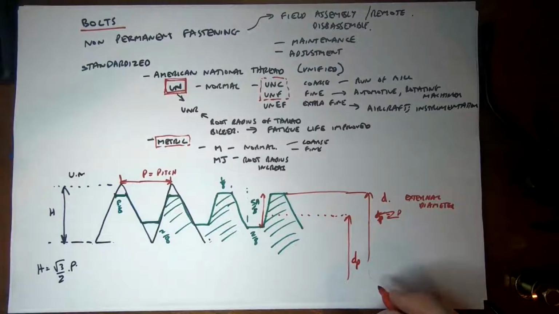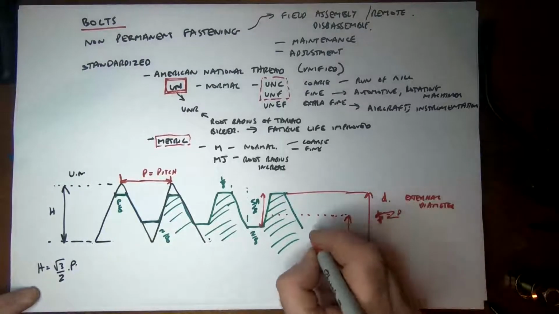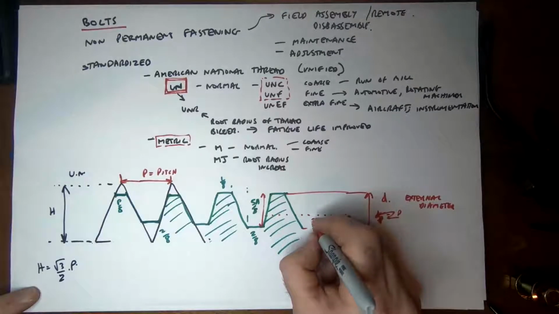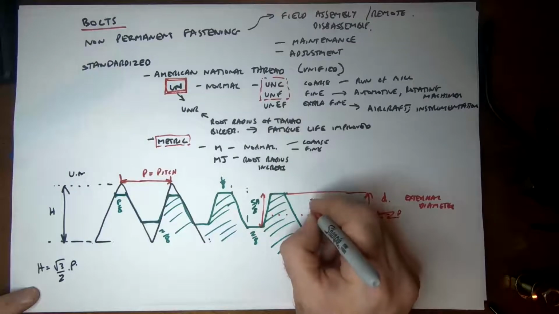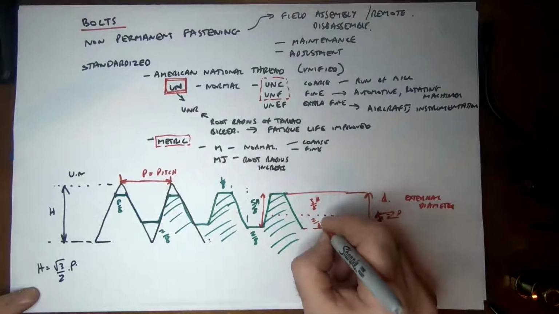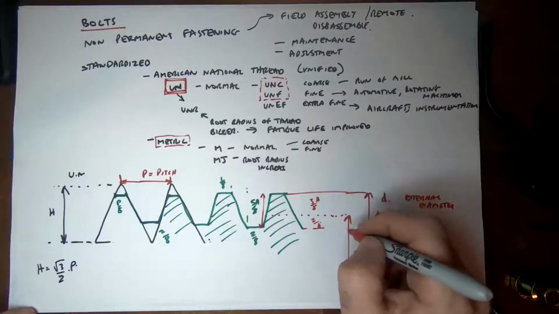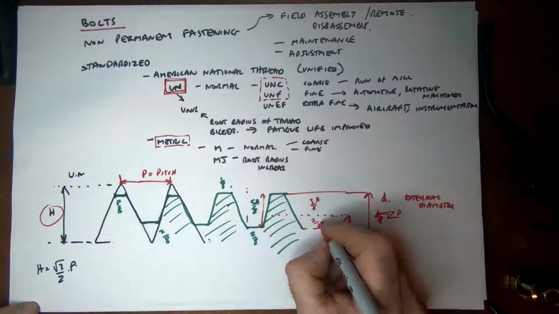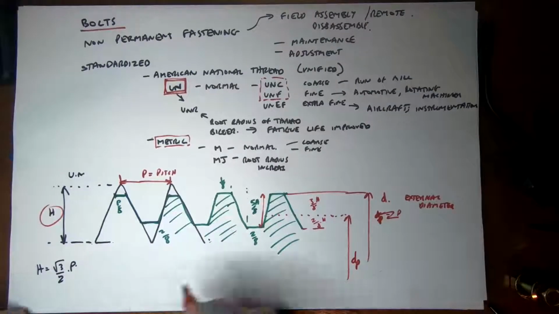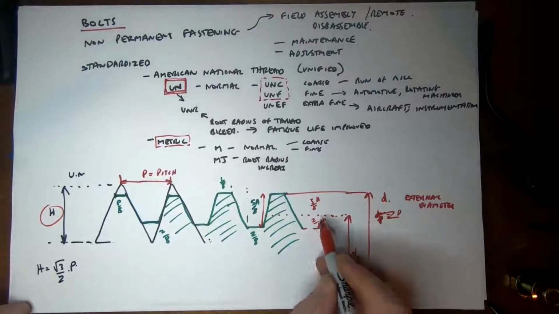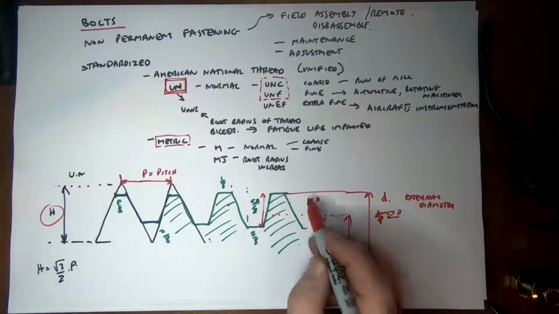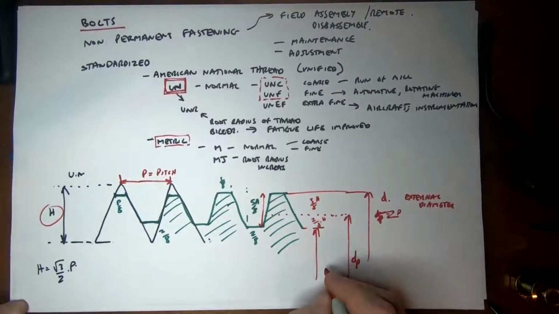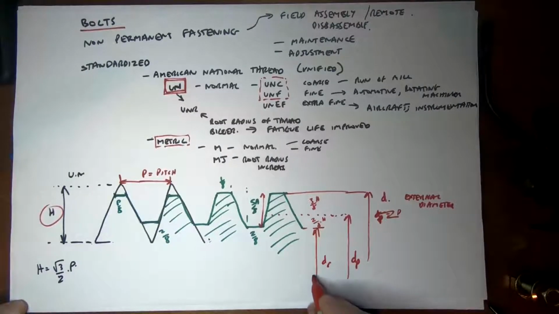Okay, so pitch diameter is effectively 2/8 of that distance, and that there is 3/8 of the height, and that's 2/8, where that's the height h over here. So this is your 5/8. So 2/5 of the distance of the actual tooth height is what we call the pitch diameter. And then this last diameter down here is the root diameter.